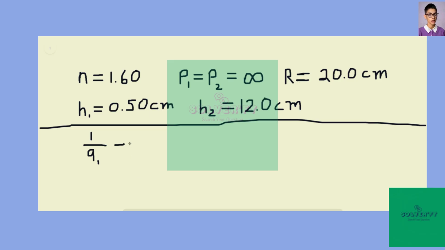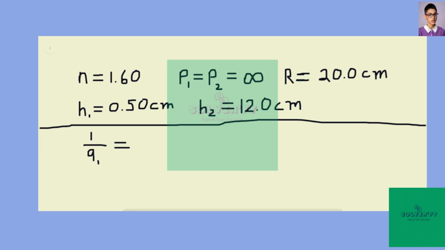So first, let's consider the ray at the position h1. We're going to call that ray 1, and denote it by subscript 1. We can use the refraction formula for a curved surface.